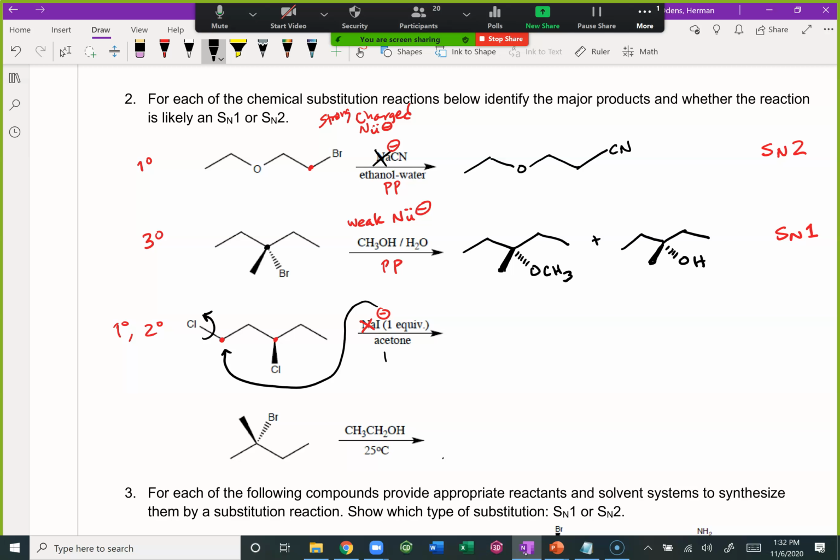Also, the acetone is polar aprotic. So now this part of the molecule stays the same. It preserves the chirality of the chlorine there, and here we will have an iodine group. So this molecule is solely SN2. All right.